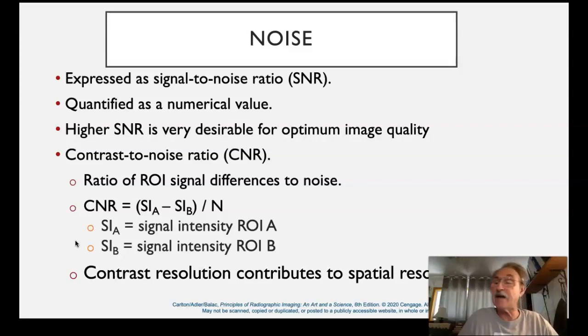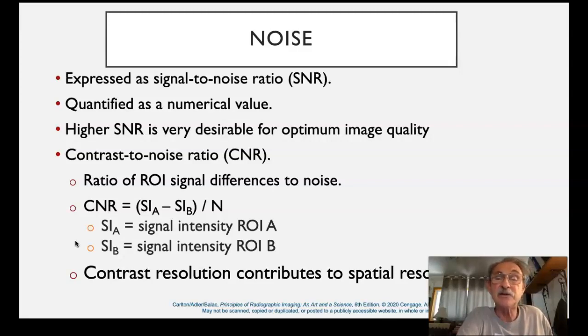We would like to have a high signal-to-noise ratio, which is indicative of a quality radiograph, versus a low signal-to-noise ratio. Well, there we're going to have some level of quantum mottle, and that's not a good thing on our digital image. Also, noise does contribute to contrast-to-noise ratio.